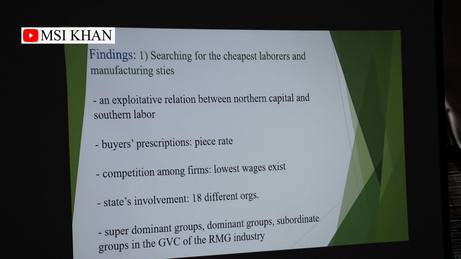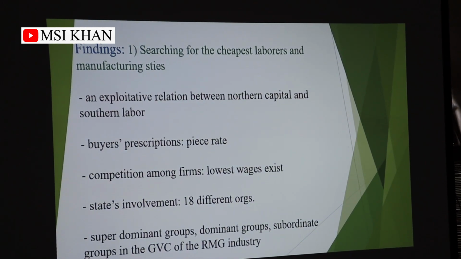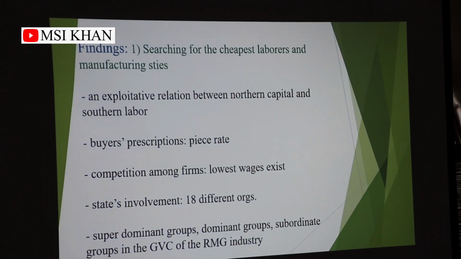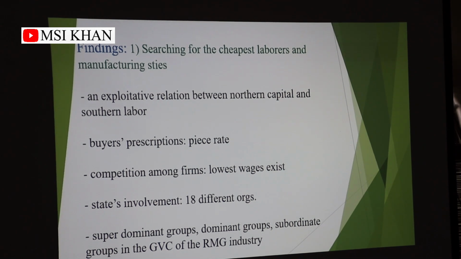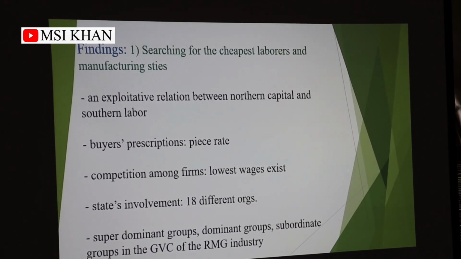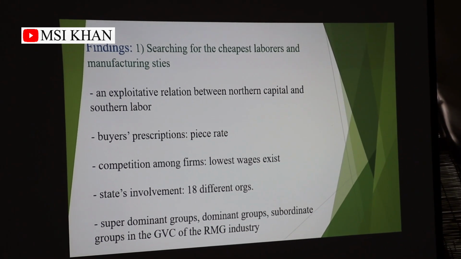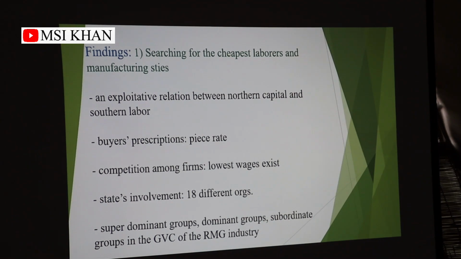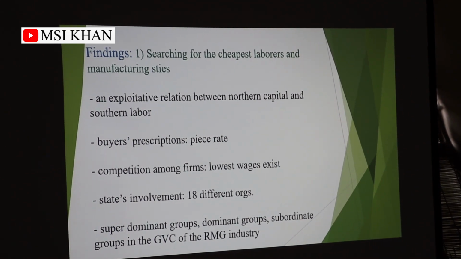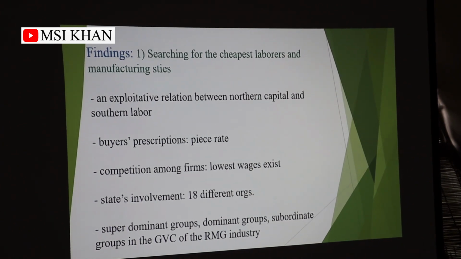Buyers' participation: buyers are always active to give the lowest pay to the workers so that they can make more money out of that. And I'm showing you the amount of surplus value. And within this phase, the competition among buyers, why our local firms don't have a strong voice, because capital can fly at any moment. This is one. Another one is they are actually making wages lower.